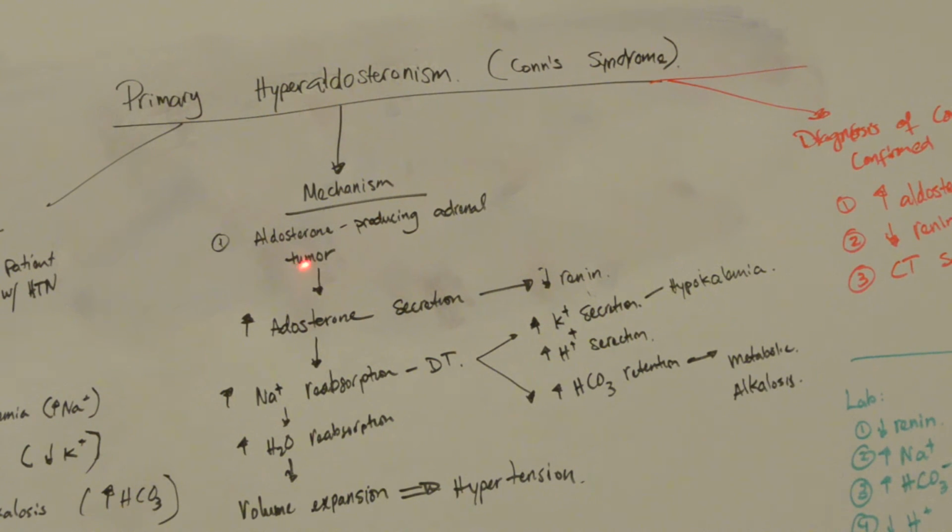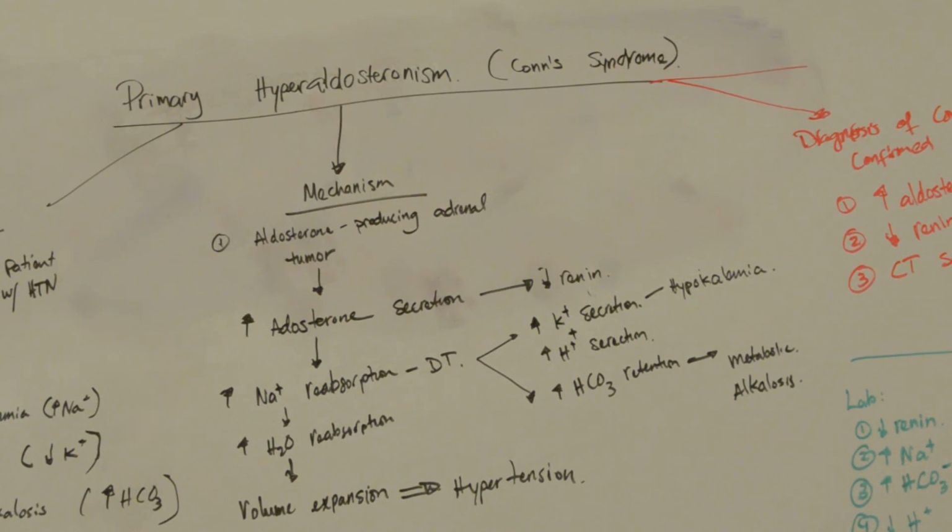But in this case, because there is an overproduction of aldosterone by the aldosterone-producing adrenal tumor, there is a negative feedback on renin. So with a lot of aldosterone available, it's negative feedback to the body saying, stop producing renin, we have a lot of aldosterone already.